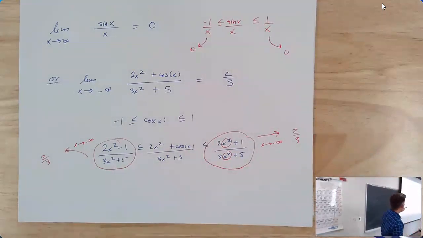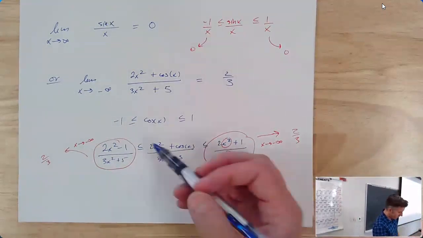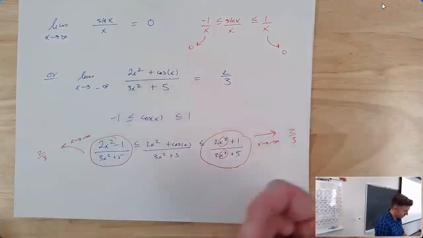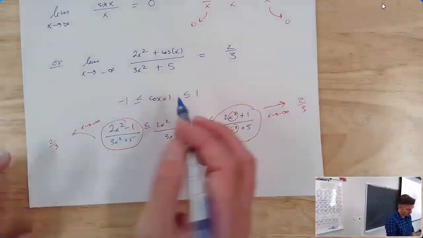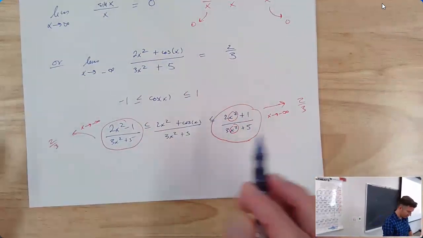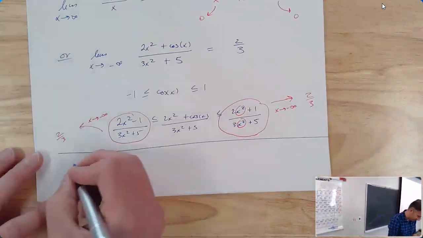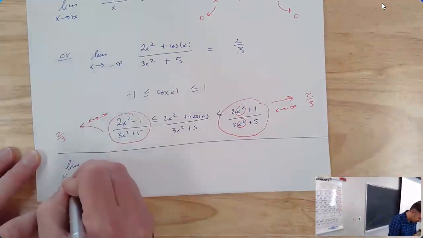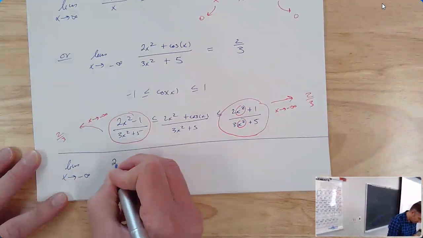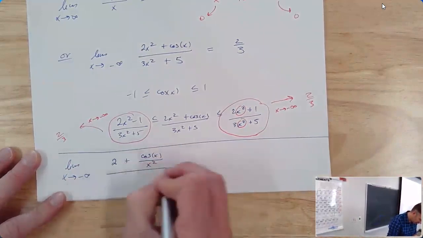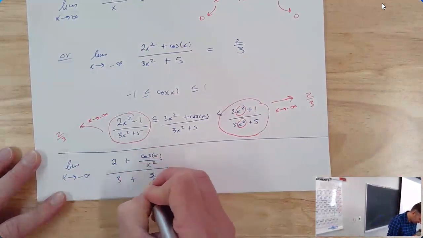Here's what I would say. If you had this expression, it's totally valid to divide everything by the highest power of x. So you can either do it this way, use the squeeze theorem, or you could take everything divided by x squared, making the limit as x goes to -infinity of 2 plus cosine of x over x squared over 3 plus 5 over x squared.